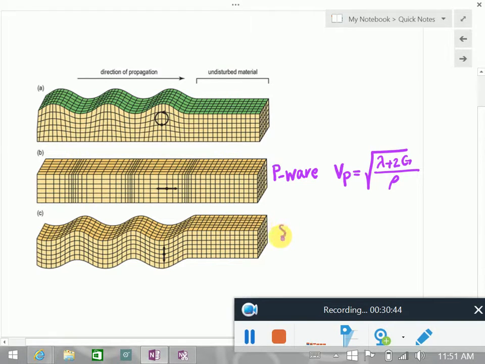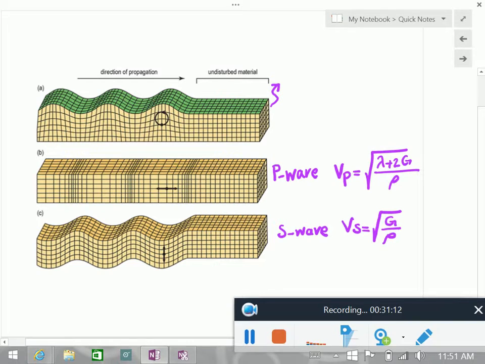And then here we have the S wave. We have talked about this also at length. And this one always has this velocity, square root of G over rho, no matter if we are in 1D or in 3D.